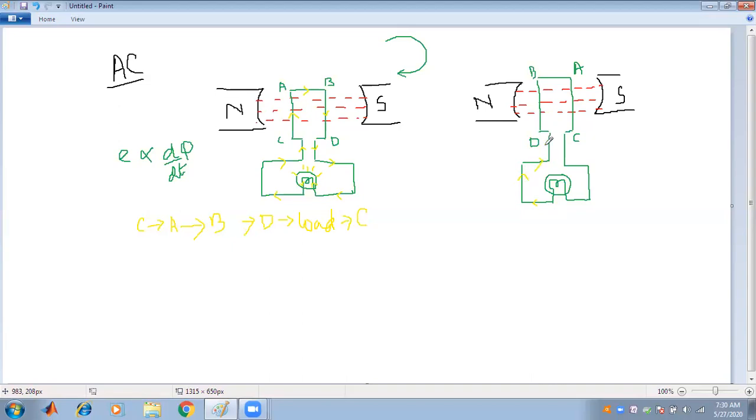So it is clearly seen that the direction of the current flow in the coil is totally changing, but through the load the current flow remains in the same direction.